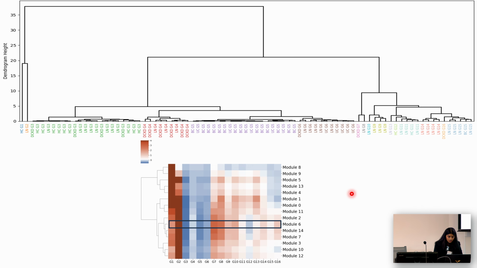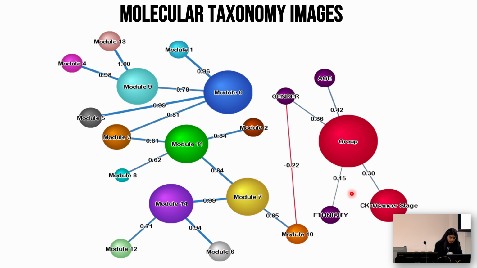But we also wanted to see how these modules are related to each other along with the clinical data and demographic data that we have. So that's where, again, Bayesian analysis comes in. Here, again, it was the EQ algorithm, and the group is all the samples from healthy controls to bladder cancer grouped together.